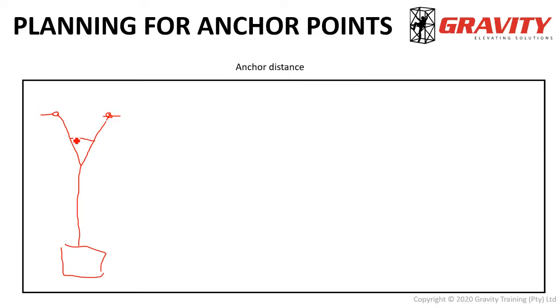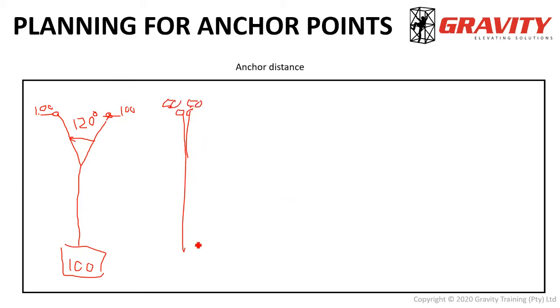This will be included in your training courses. If that angle is 120 degrees, for example, and this is 100 kilograms, each of these anchor points will feel 100 kilograms, and the larger this angle becomes, the more that force increases. The smaller the angle, if that angle was 0, for example, you had the same configuration, it'll be 50, 50.